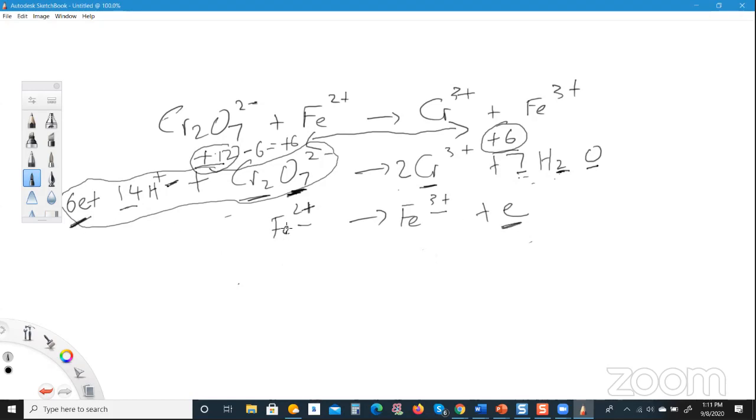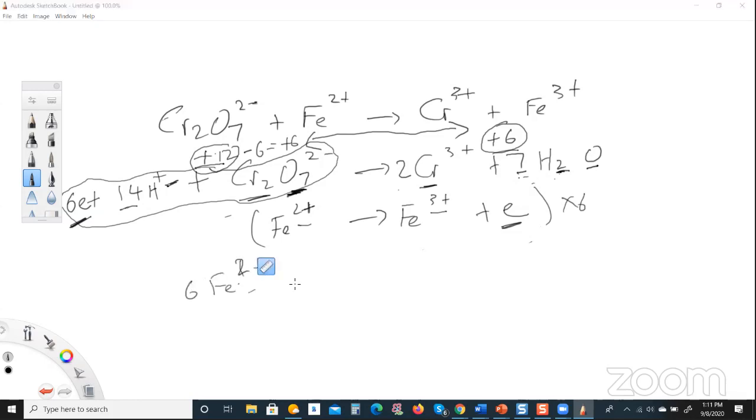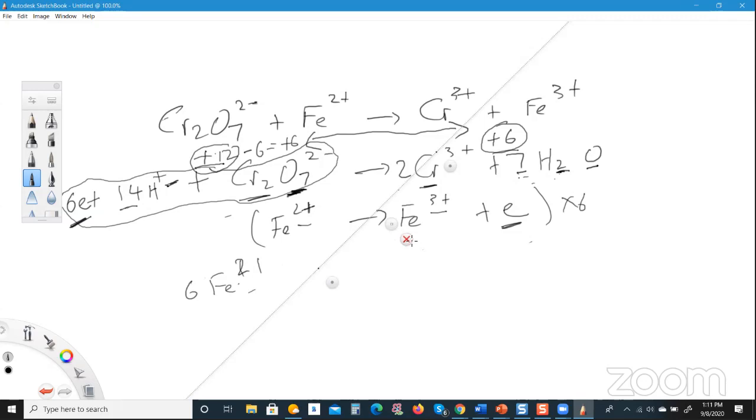So how do we make sure that the charges are the same? Well, we simply multiply this equation here, 6 Fe2+ to give 6 Fe3+ plus 6 electrons. So now we have 6 electrons here, which will cancel out with these 6 electrons here.